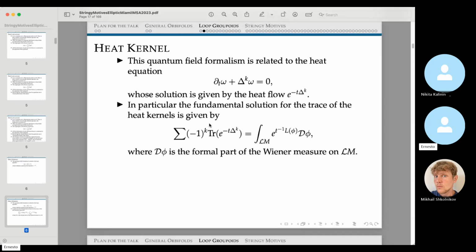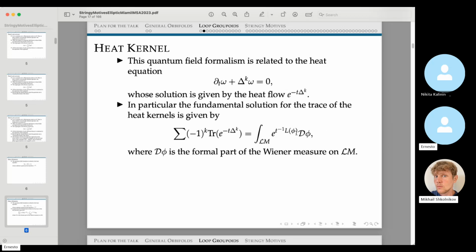Now the fundamental solution for the trace of the heat kernel. So you want to understand this evolution, so you take the trace, and then it turns out that it's what I promised: the Feynman integral of e to the Lagrangian, with this t kind of an h bar, is actually related to the spectrum of the operator.